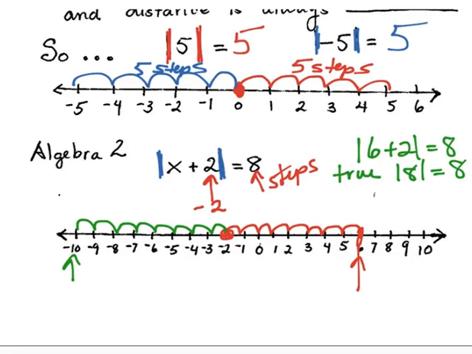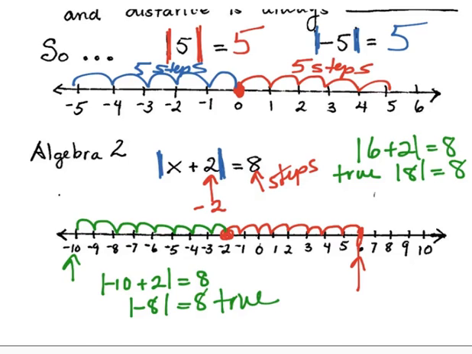Well, what about negative 10? Let's put negative 10 plus 2 equals 8. Well, what is negative 10 plus 2? That's negative 8. Is that a true statement? Yes, it is true, because even though it's -8, absolute value means distance, and distance is always positive.